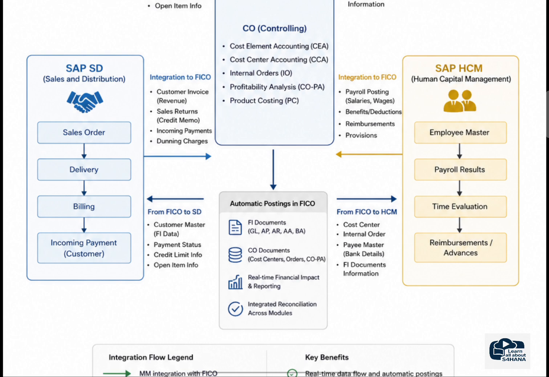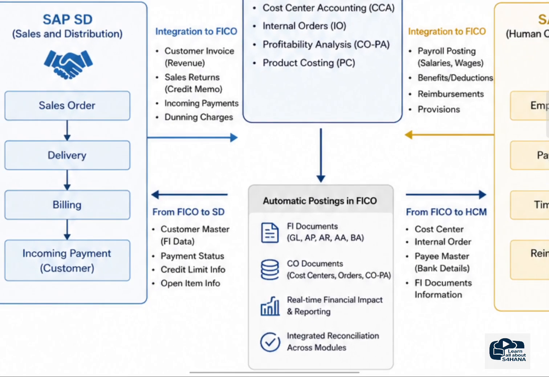The main benefits of this integration are real-time revenue recognition and automatic customer accounting. We can also get profitability reporting from this integration. And most importantly, dunning charges are also updated.